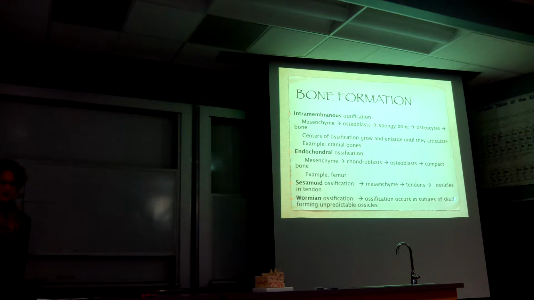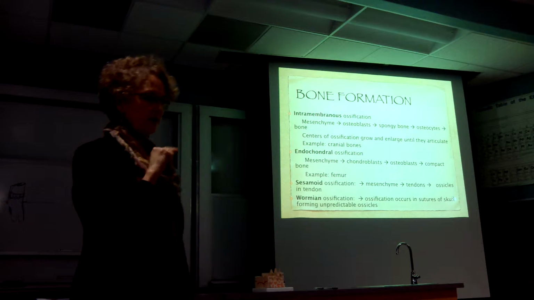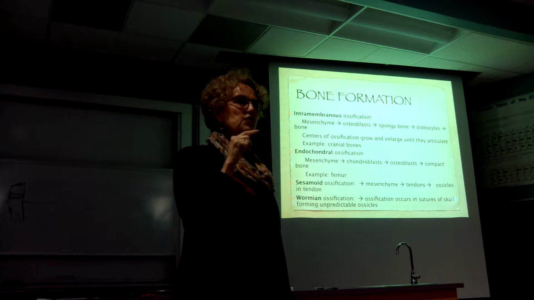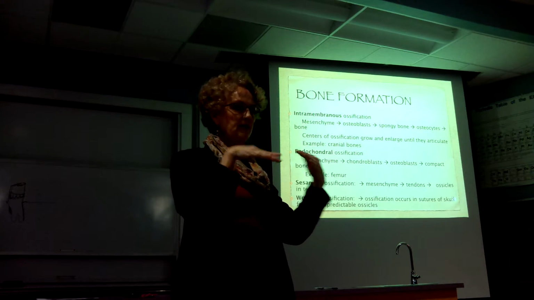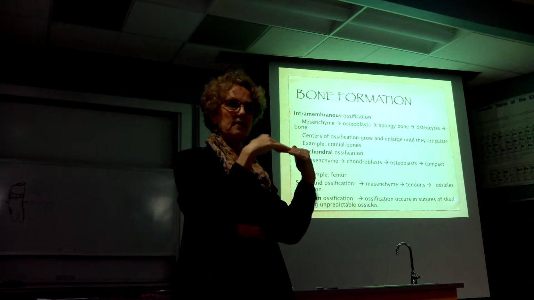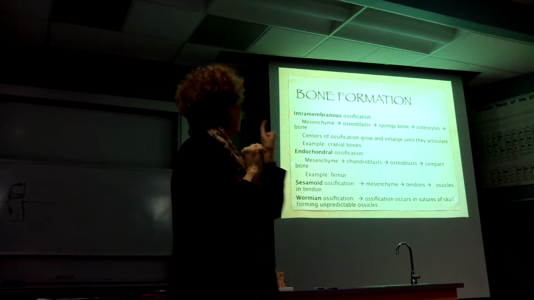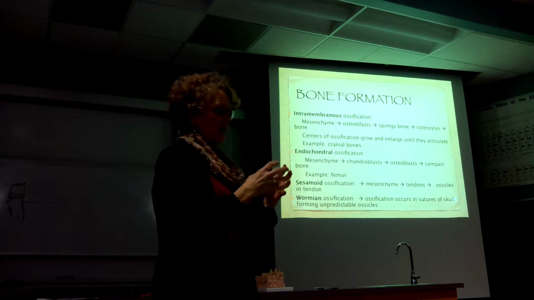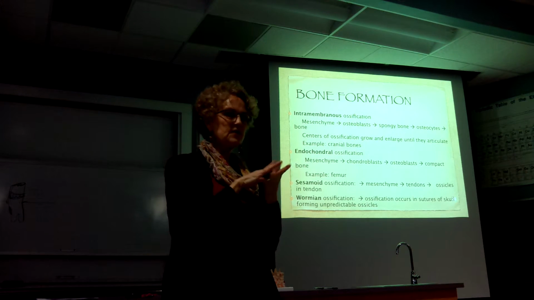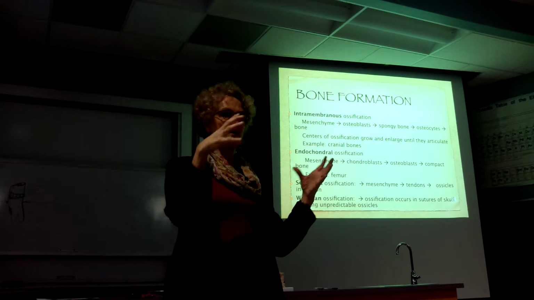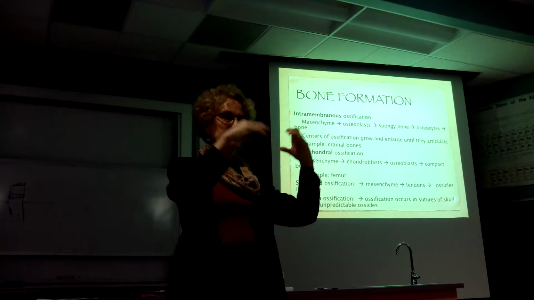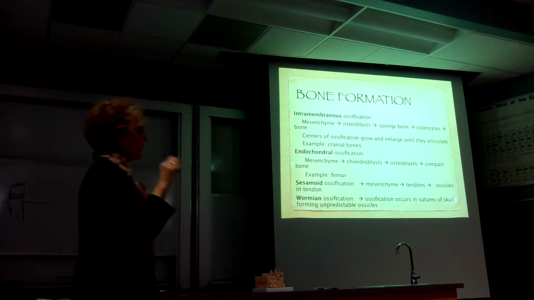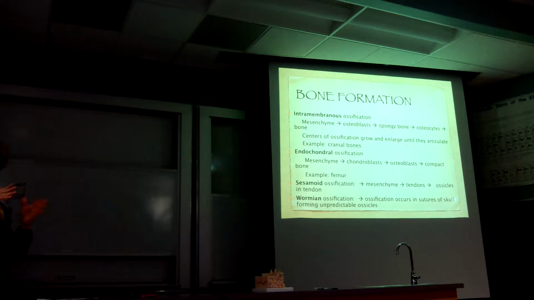Thursday, I think I will bring a fetal skull, and those of you that go into the lab between now and then, make sure you look at that fetal skull closely, and you can see the ossification forming differently. Because in intramembranous ossification, it almost forms a spongy bone and then the compact bone. So the bone is ossifying from the inside out. You can actually see the diploe as it's forming.